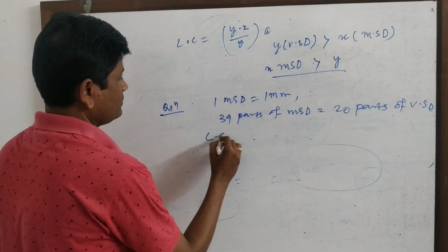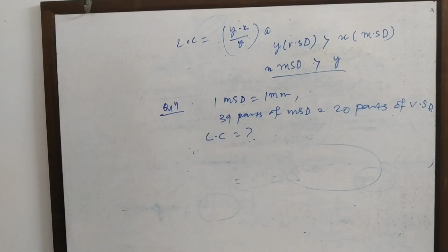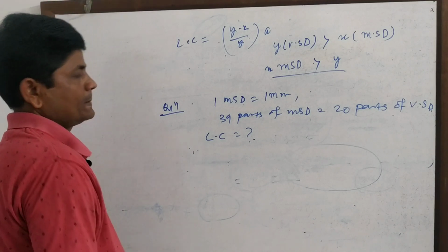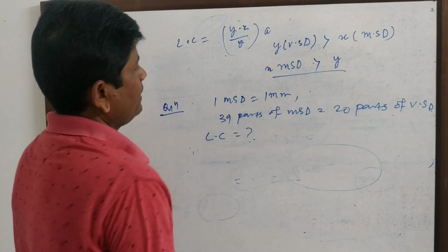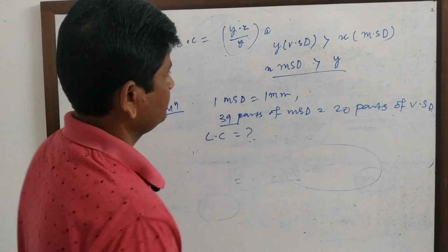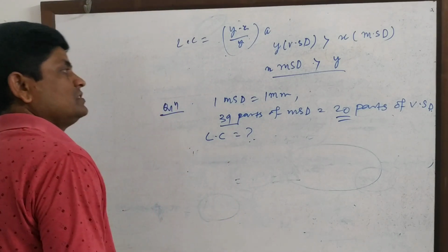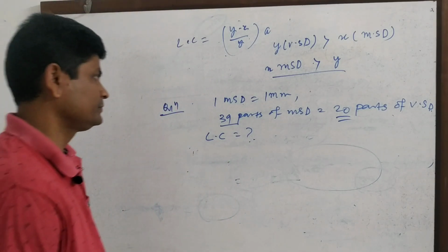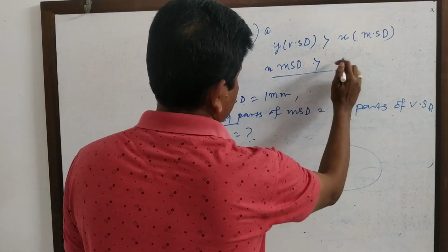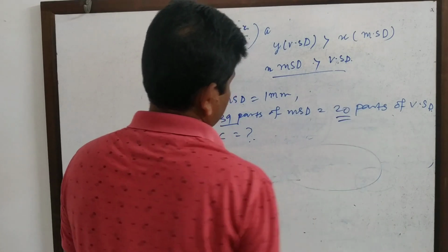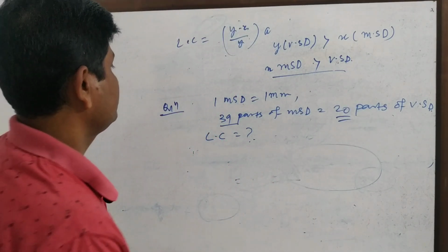What will be the least count? Here 39 parts of MSD are coinciding with the 20 parts of the VSD. Okay, MSD is greater than VSD. What will be the least count?